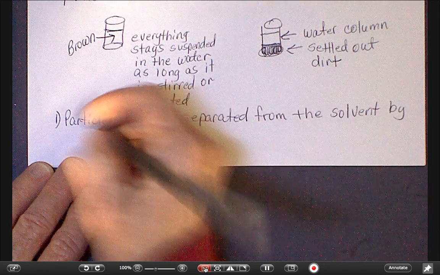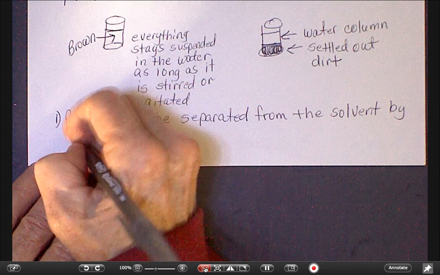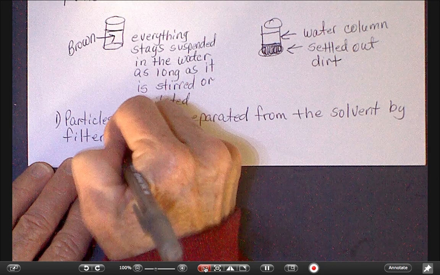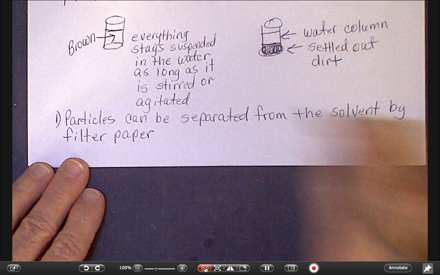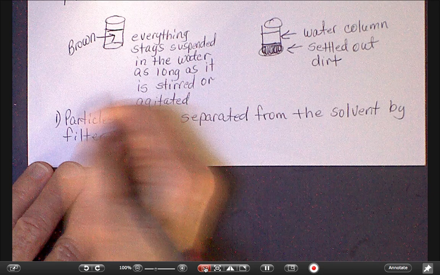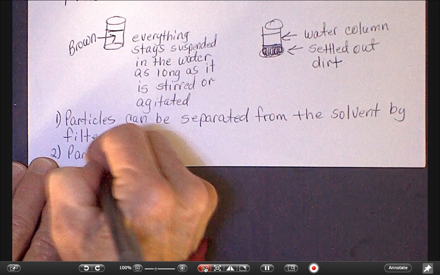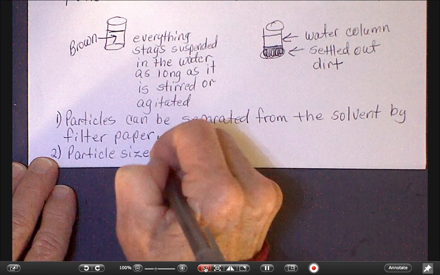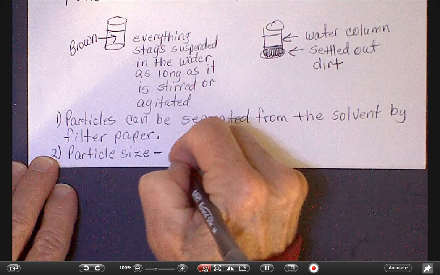What did we use yesterday that couldn't be separated? By filter paper. So they'll get trapped in the filter paper. Okay? Particle size: over 1,000 nanometers.